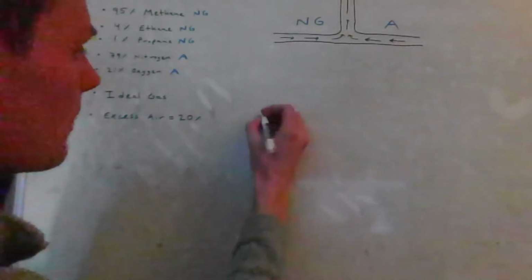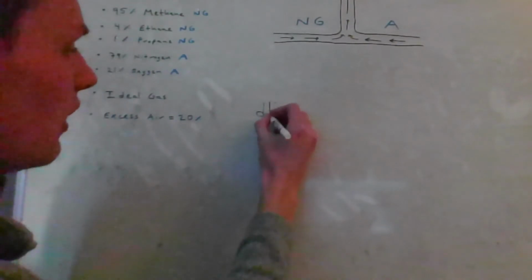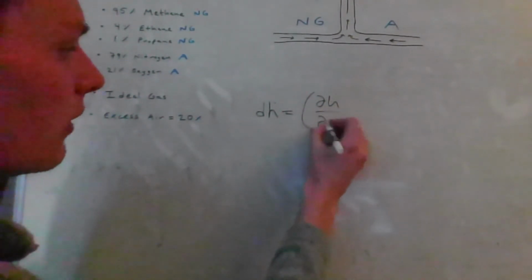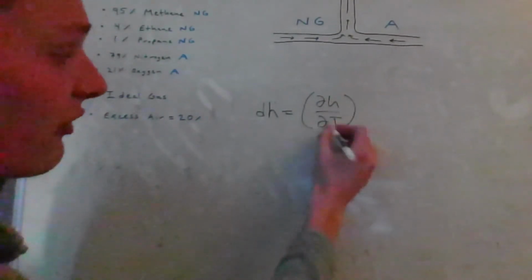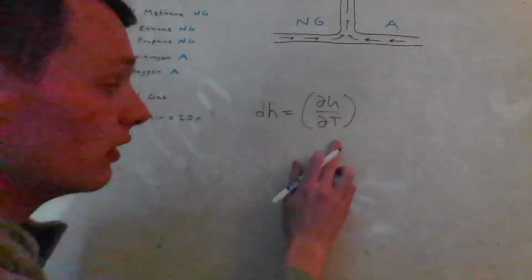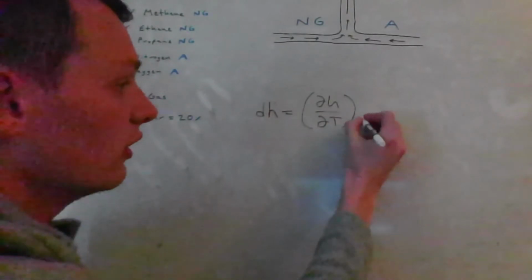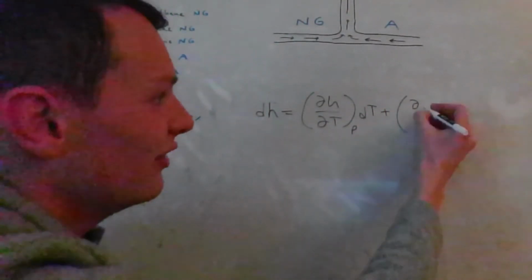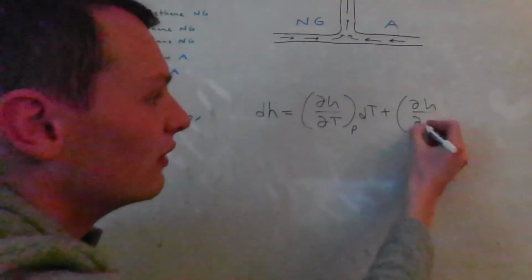But when we're talking about enthalpy, we have the change in enthalpy as, so enthalpy can be affected by the change in temperature at constant pressure. It can also be affected by, as you would guess, change in pressure as well.